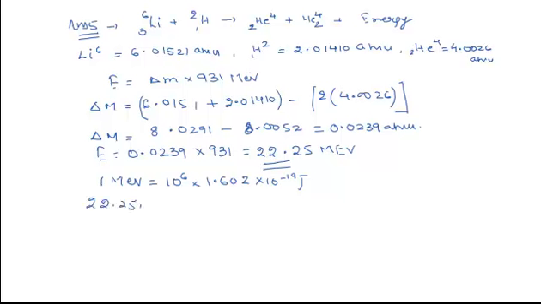So your 22.25 mega electron volt will be equal to 10 to the power 6 into 1.602 into 10 to the power minus 19 into 22.25.